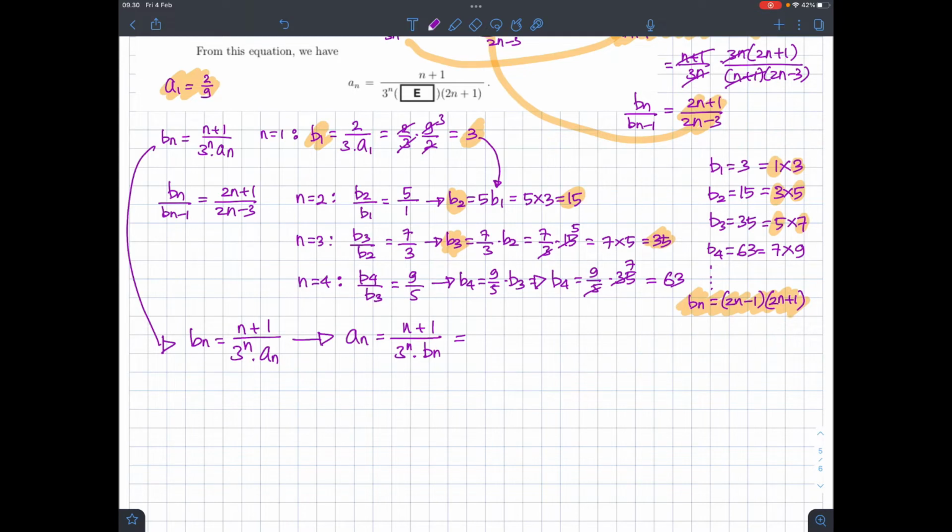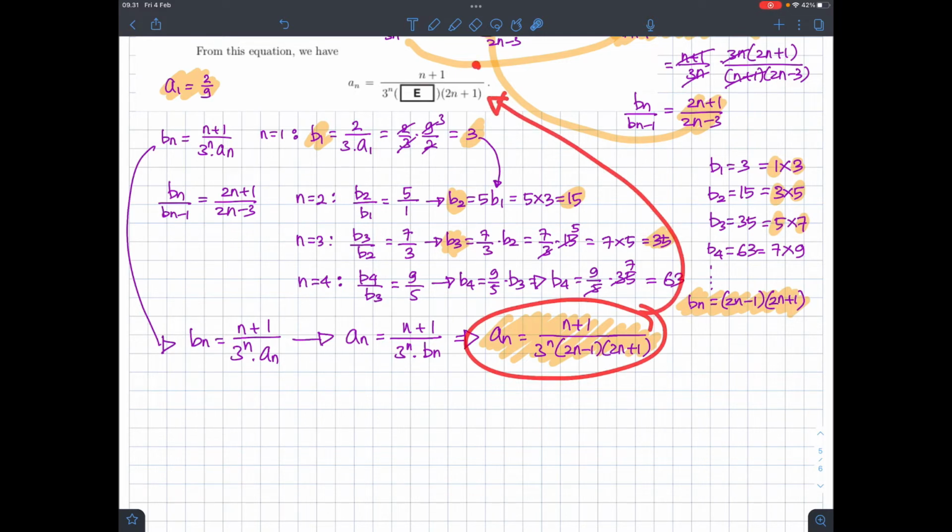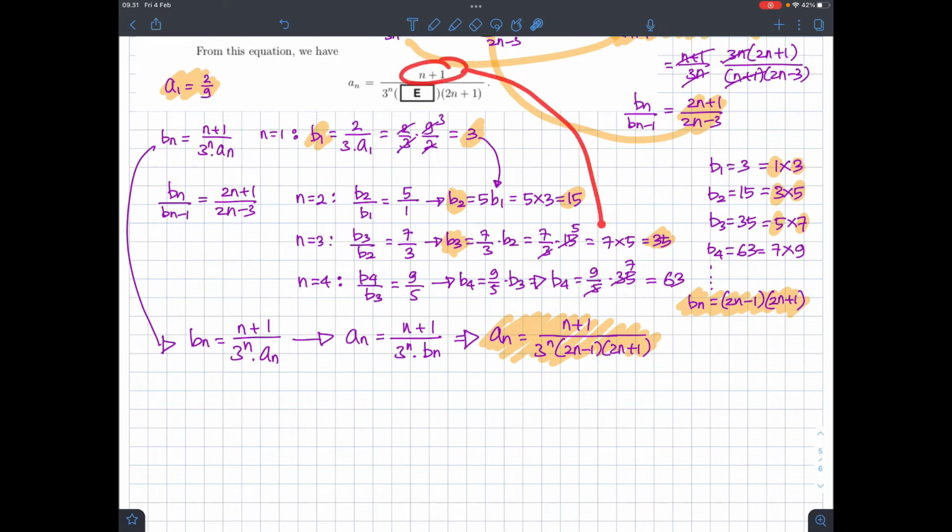So we got An equal n plus 1 over 2n minus 1 times 2n plus 1. Let's check this one against this. Exactly the same: this is n plus 1, this is n plus 1, this is 3 to the power of n, this is 3 to the power of n, this is 2n plus 1, and the last part is here. So E should be 2n minus 1.